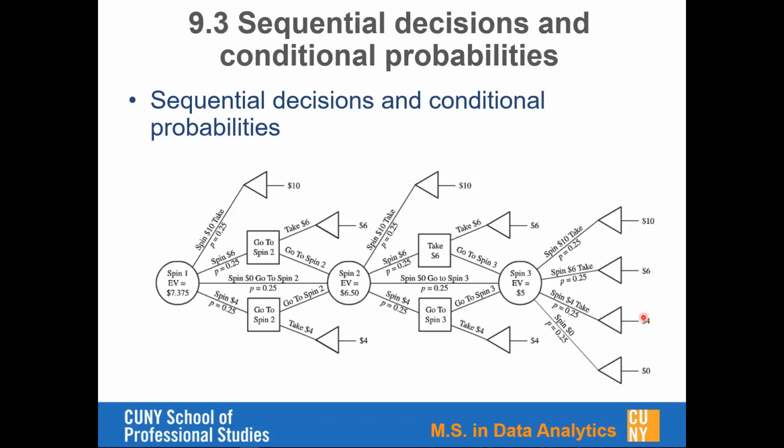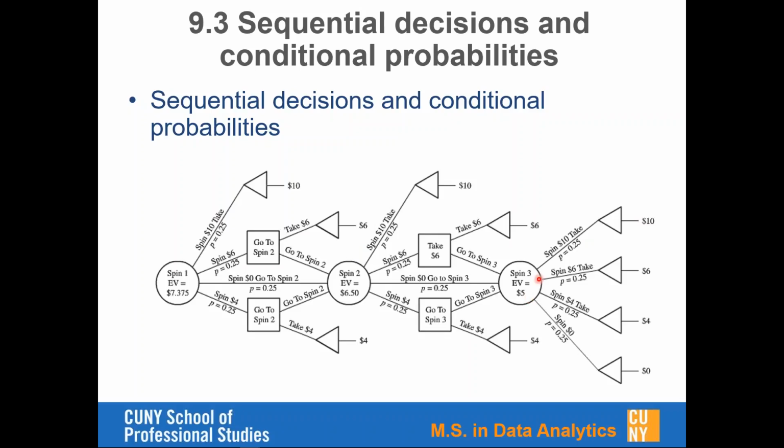So in this example, sequential decisions and conditional probabilities, that the textbook explained, if you spin a 1, and then what would you do for different probabilities, and then what would you do in terms of the decision. At the end, the way that we get the expected value is really just more like backward deduction, starting from the end and getting the expected value for this node.